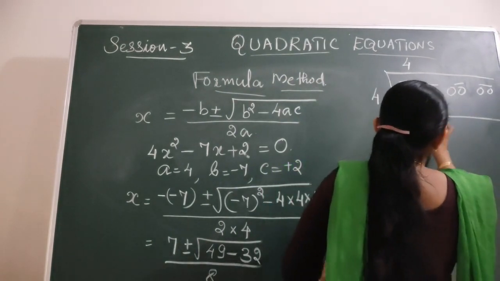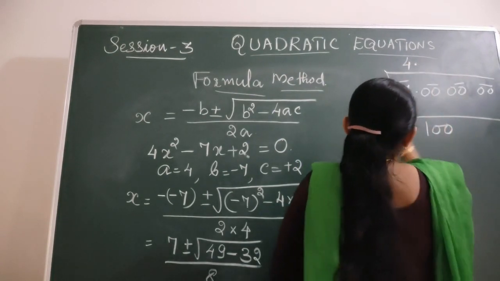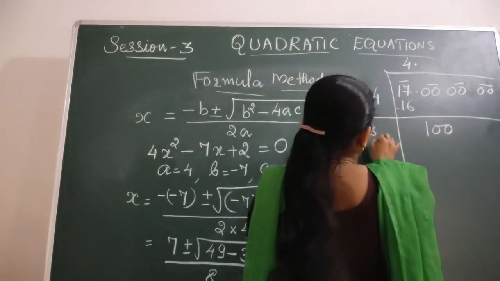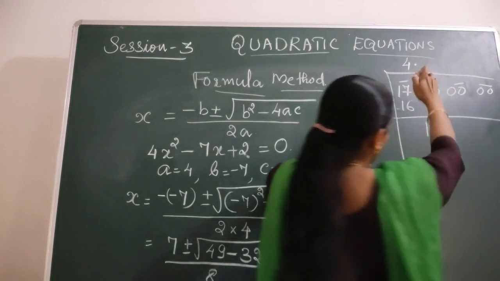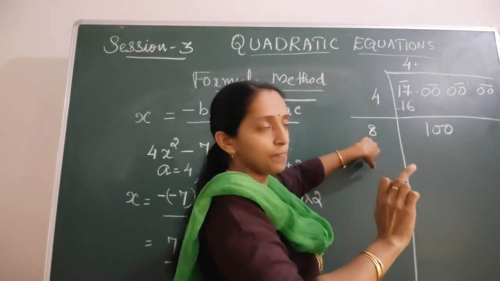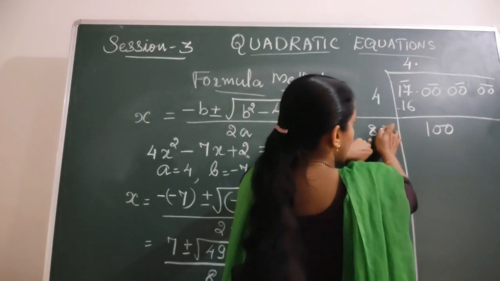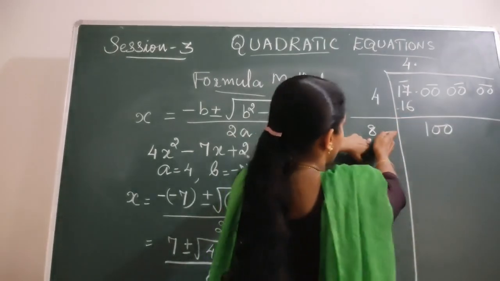Then subtracting. Next group taken out, 100. And the double of 4 you will take. 4's double is 8. So you are getting 8. Then you have to find a number which will be multiplied with this number, as well as we will be taking that number also with the number.